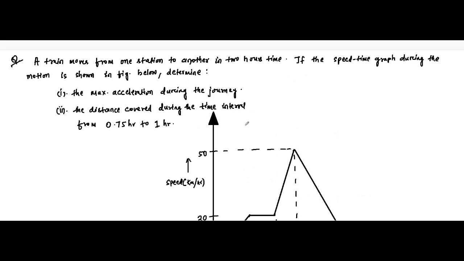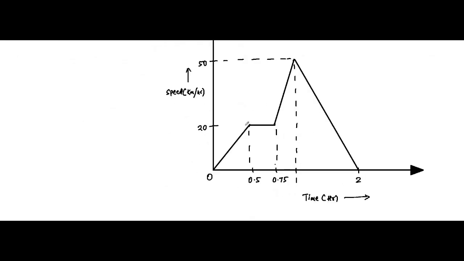Now let us first mark the different points on this graph. Starting from origin O, let this be A, this be B, this be C, this be D. Now if you see the BC portion of the graph, it has the maximum slope, a steep slope.